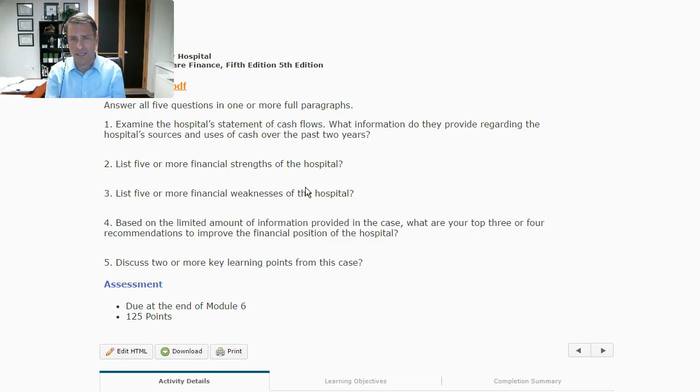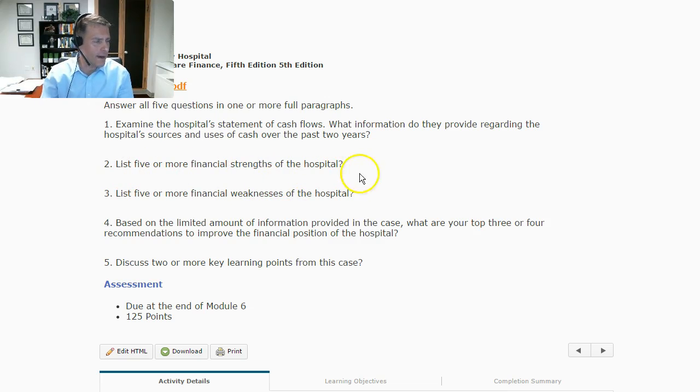Again, there are some hints as far as what to look at, such as the property, plant, and equipment expenses. Have the beds for the period increased or decreased? Did they keep the number of beds the same? How would that affect things with the cash flow statement? So just some general ideas there.